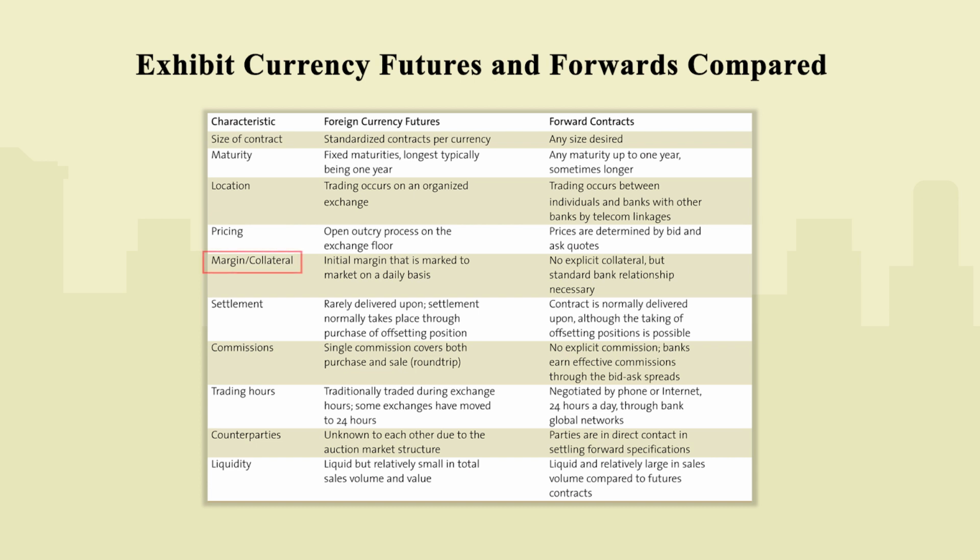As far as margin collateral is concerned, futures require an initial margin and a maintenance margin, and the margin will be marked to market on a daily basis, which makes trading capital change hands every day to firm up the cash flow, and that's why futures trading is in fact a transaction of margins.